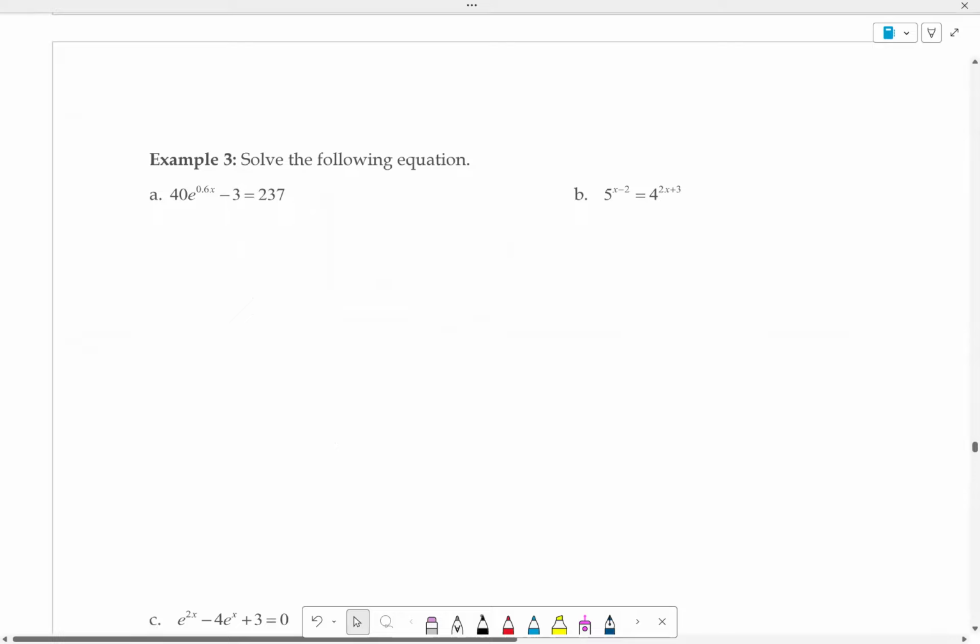Example 3A. Step 1, add 3. Step 2, divide by 40. How do you want to solve it from here?